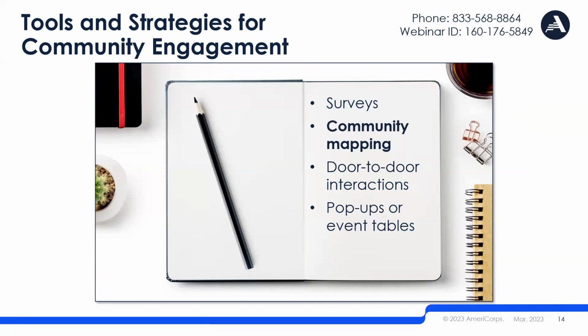Another that's probably less familiar is called community mapping, sometimes called asset mapping, but it's really been broadened out over time to be called community mapping. It's a participatory process. There's many versions of it, but you've got community members physically mapping things like community assets, historical events, possible futures.